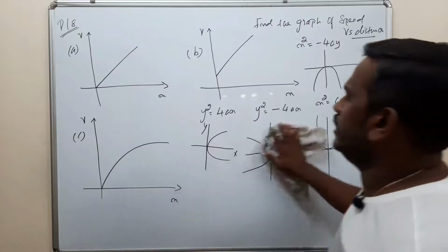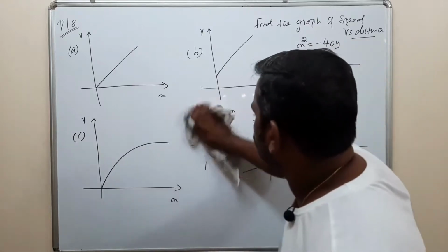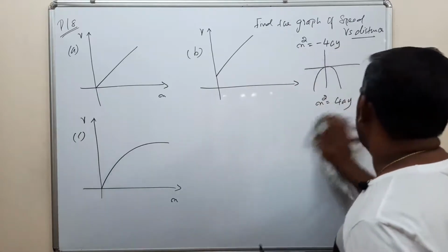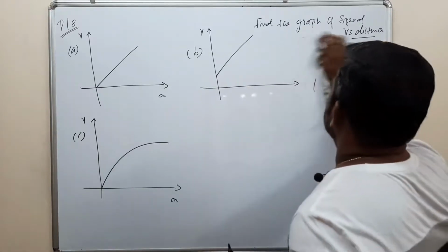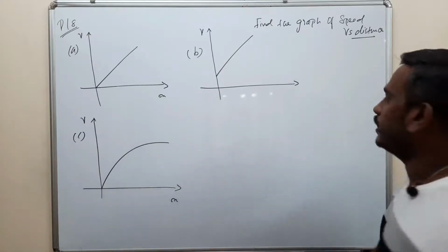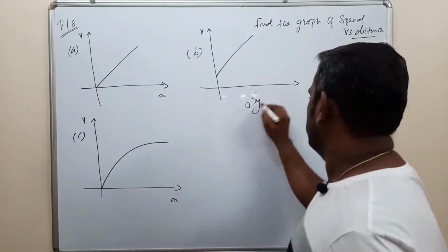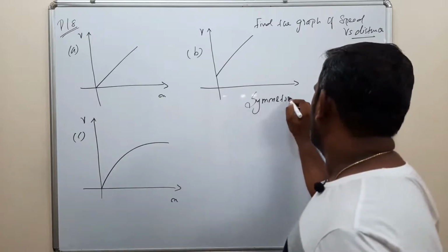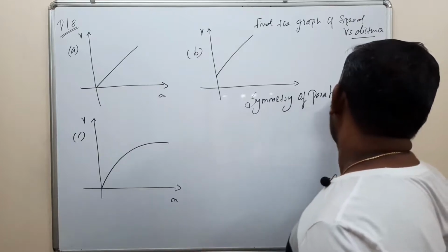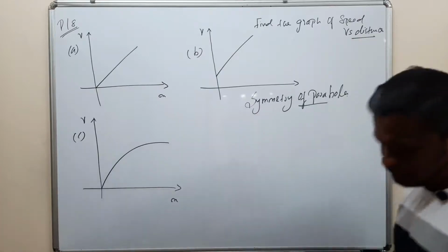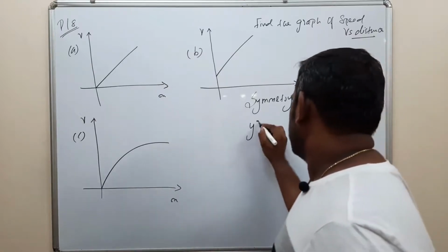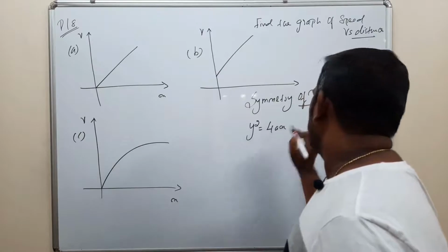Then you have to know about the symmetry of parabola. So y square is equal to 4ax.